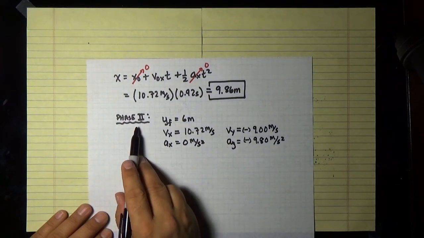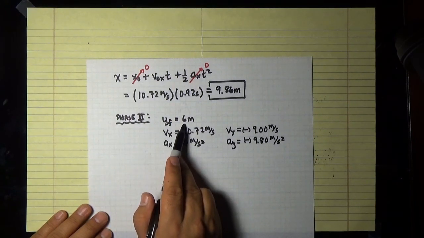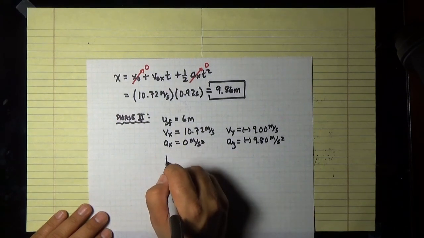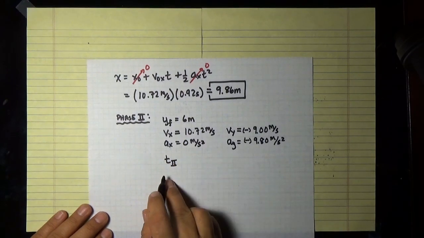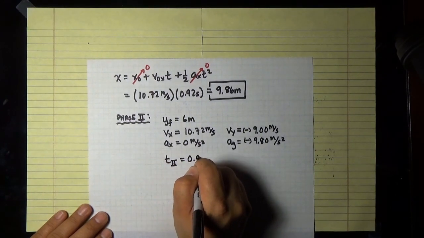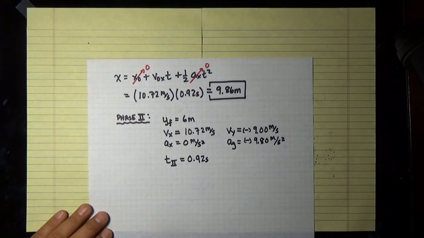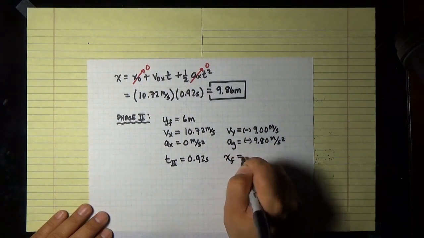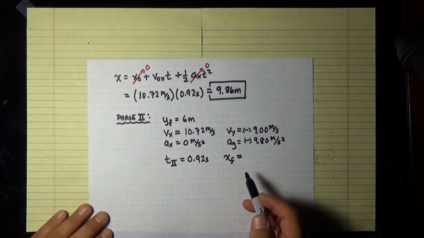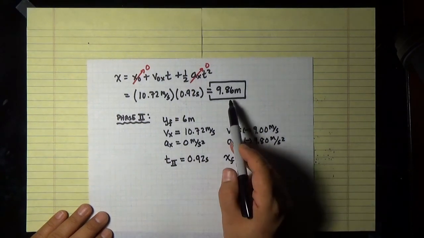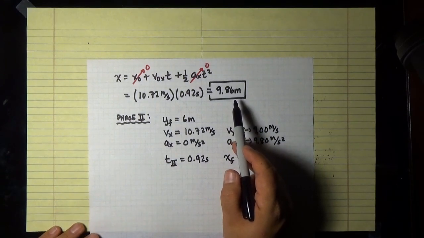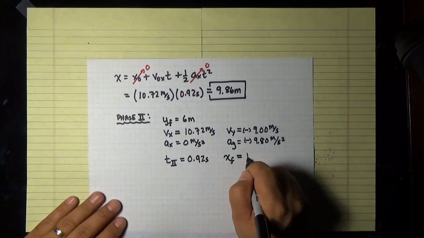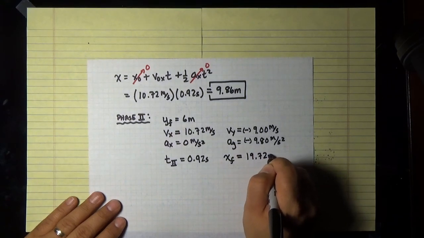I know that the time it takes in phase 2 to go from apex down to this y position is exactly the time it took me to get up. And so the time for phase 2 alone is 0.92 seconds. And I know that my final x position is the distance in x I already traveled, plus that same distance again, or twice the 9.86 meters that we just talked about, and that is 19.72 meters.